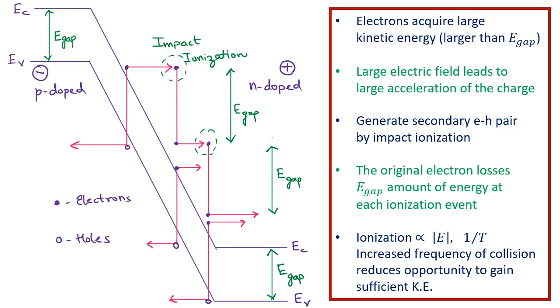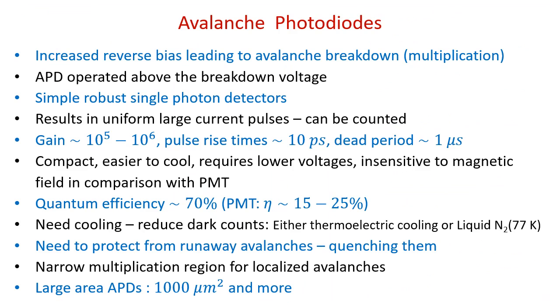So now let's look at the main features listed out. I'm essentially probably repeating, but it's important to put them all together. Plus, I'll give you a few numbers here. There is an increased reverse bias. That's what you need to put in to create this avalanche breakdown.